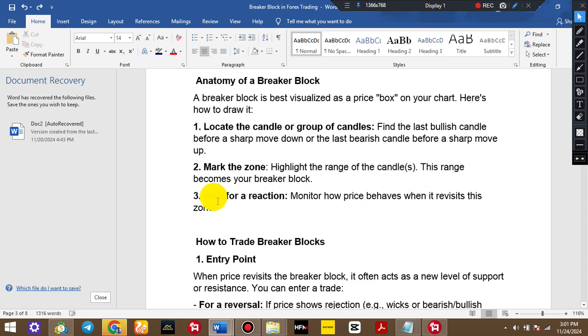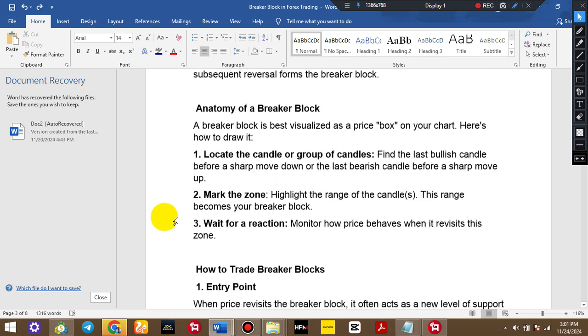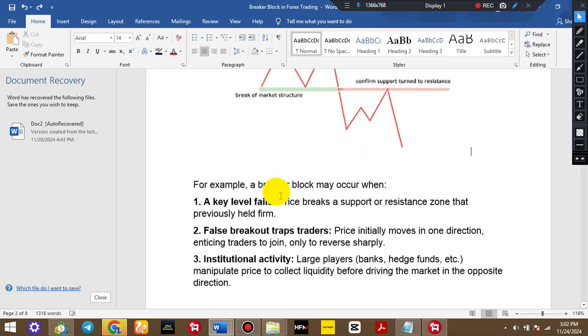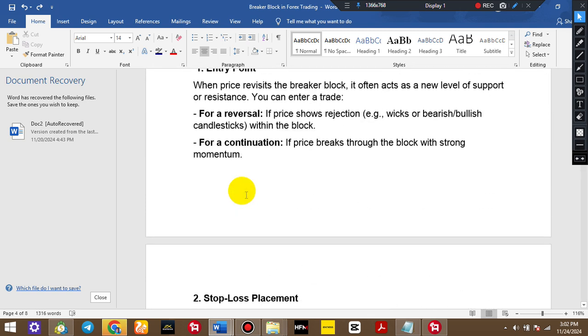This range becomes your breaker block. That is just exactly what I did there not quite long ago. Wait for a reaction. Monitor how price behaves when it revisits that zone, just like what happened there. You see, immediately price revisits that zone, then you see a kind of push towards the downside. That is in a sell scenario. Exactly.